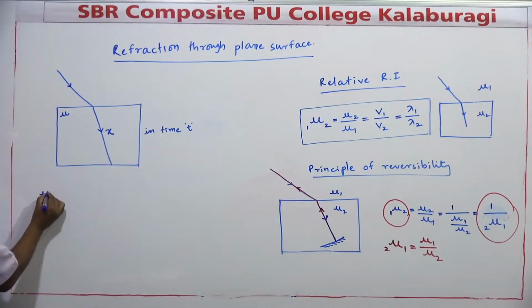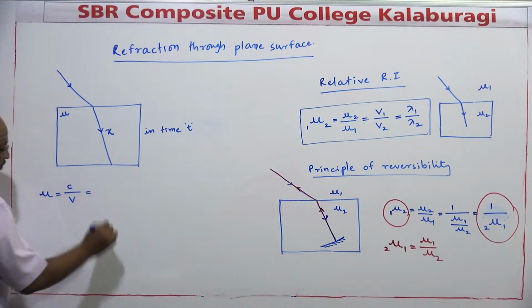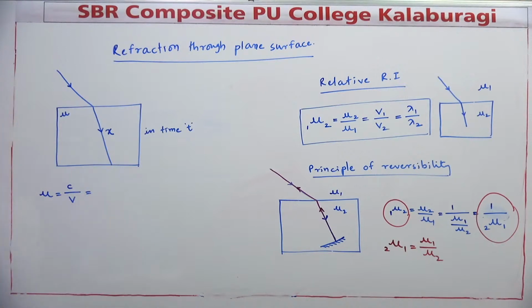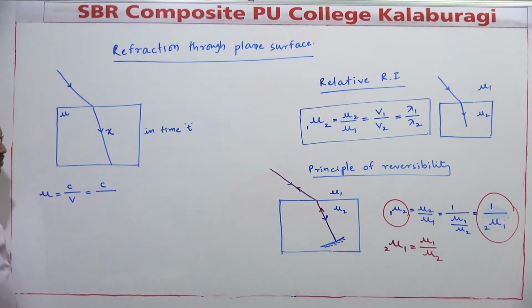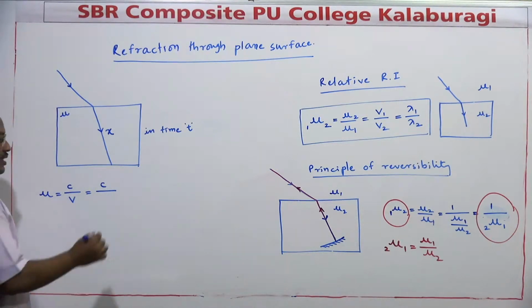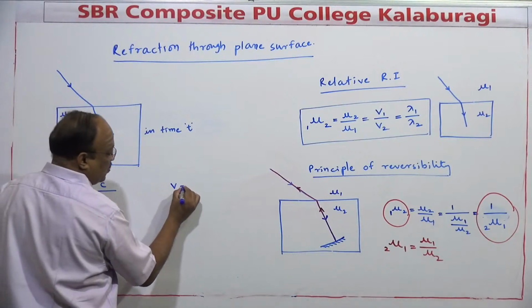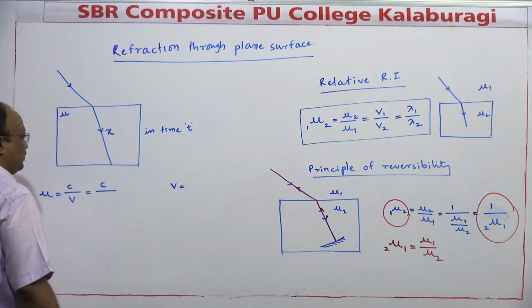So refractive index is equal to c by v. I can write this v as velocity, which is equal to distance divided by time.